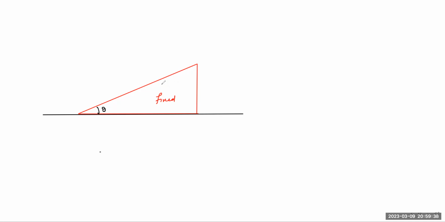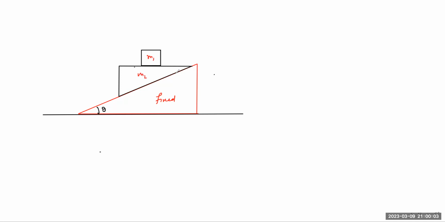So the wedge is fixed, but we have one more inverted wedge. And we have a block here. And all the surfaces are smooth. So what will be the direction of M2?